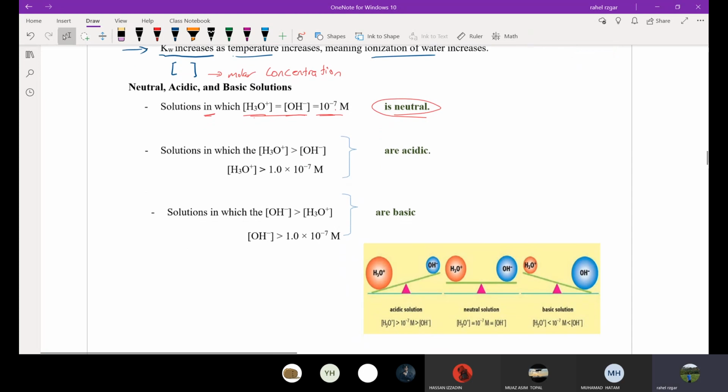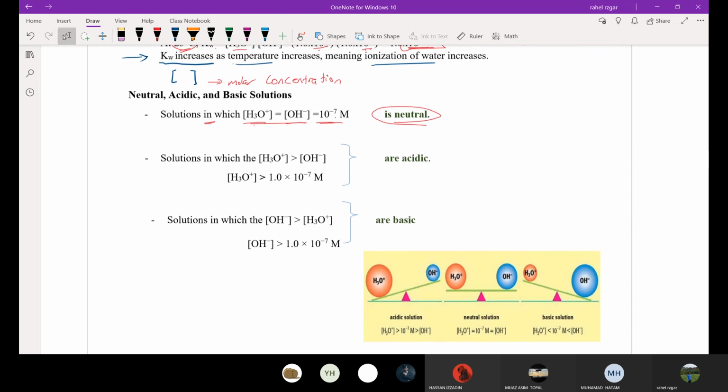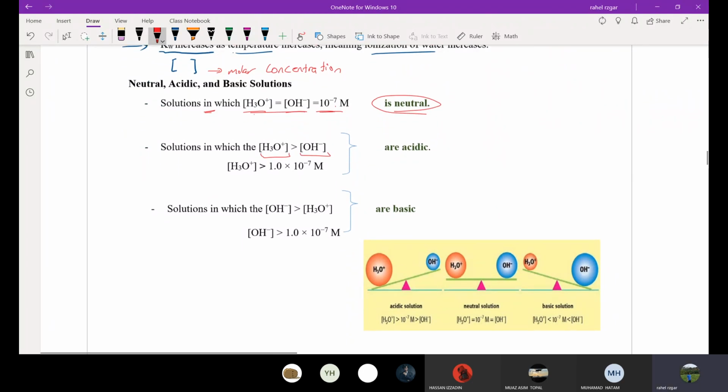But if in a solution we have both H3O and OH, but H3O is bigger than OH, H3O indicates acidity. So if H3O is bigger than OH, then the solution is acidic.